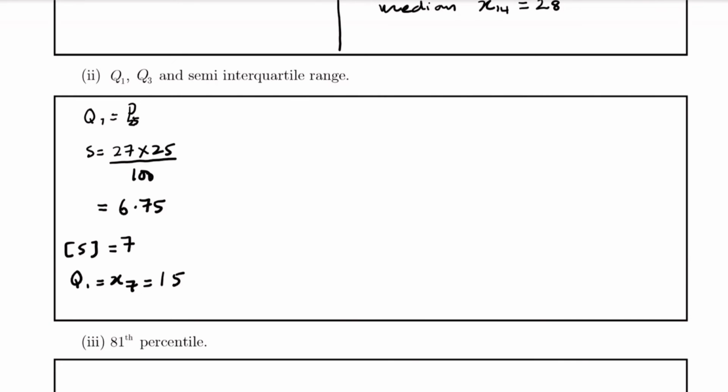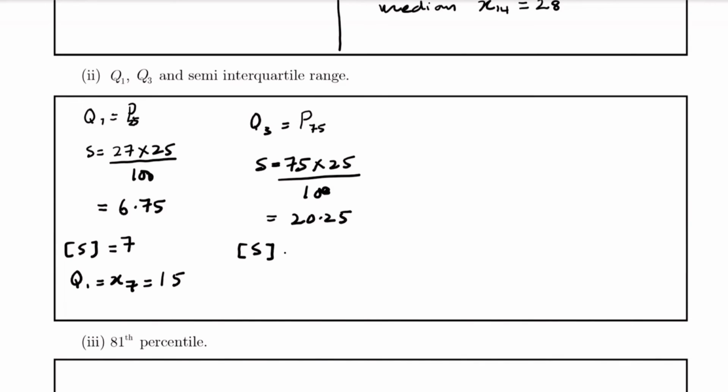For Q3, it is represented by 75% of the data. So s is equal to 27 times 75 over 100, and we get the observation 20.25.